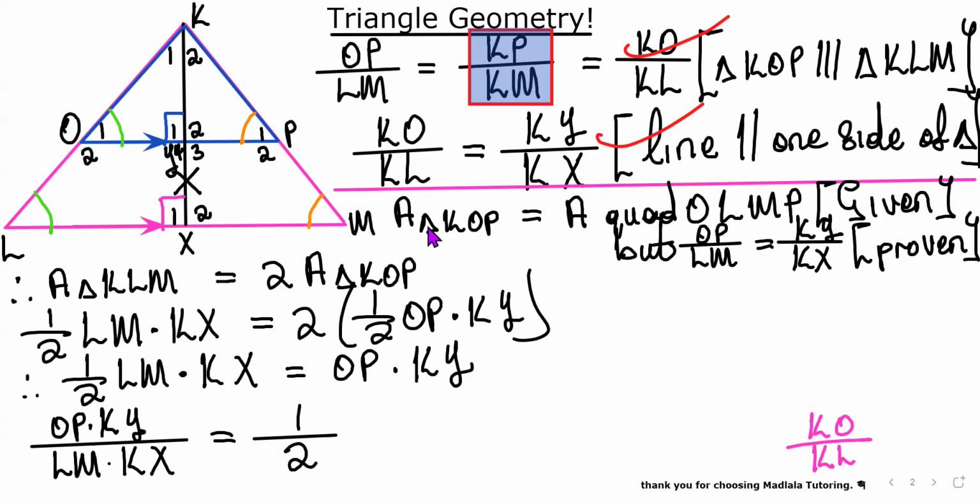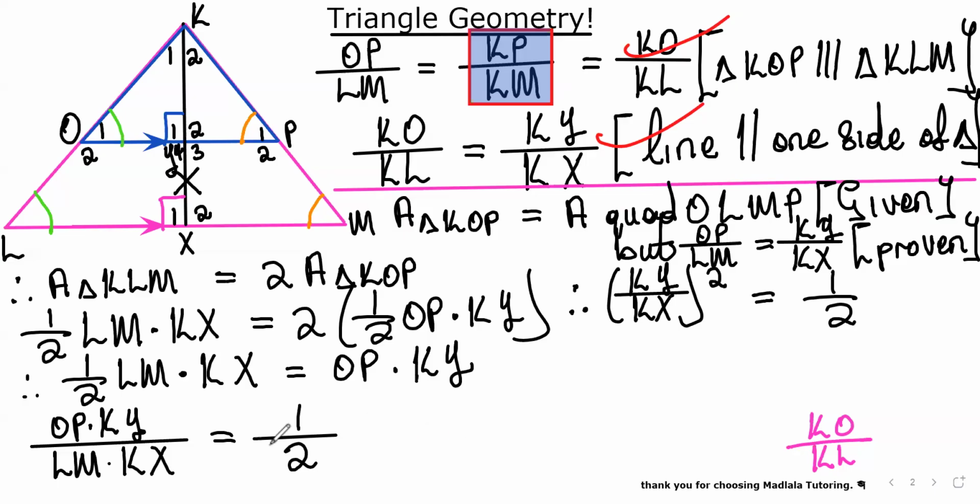So, you can choose to say, therefore, where I see OP over LM, I'm just going to replace it with KY over KX, which means I have KY over KX all squared, and this is equal to 1/2. Do you see where the square comes from?